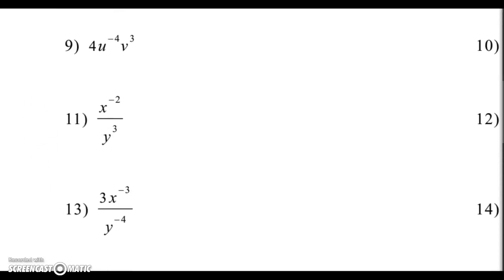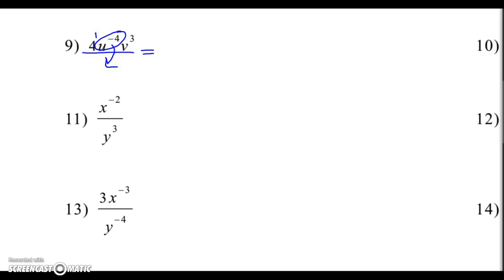3 different terms here. We got 4, a u, and a v. And again, remember 4 is to the 1st. The only thing that's unhappy is u. Not you, just the variable u. You know, you're all happy, I know that, because you're in math class, so that means you are happy. Alright, u to the negative 4th is going to want to move.